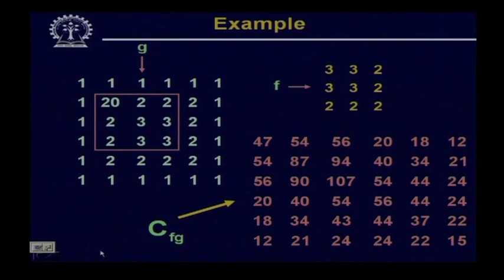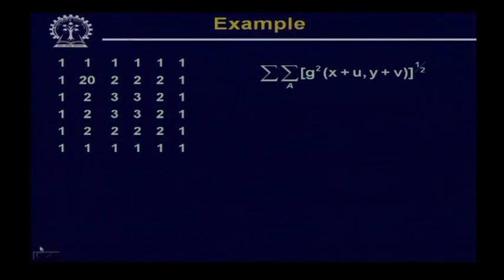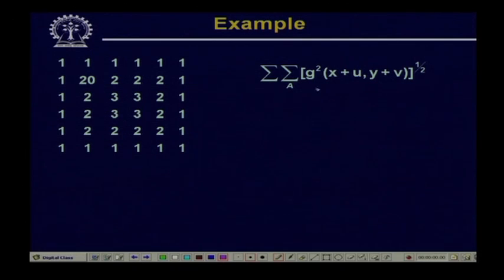Over here, as we have said, we cannot use the cross correlation measure directly as a similarity measure. So, what we have to do is compute the normalized cross correlation value. For computation of the normalized cross correlation, we have to compute this particular component, that is, the square root of the double summation over the region A of g squared (x plus u, y plus v).